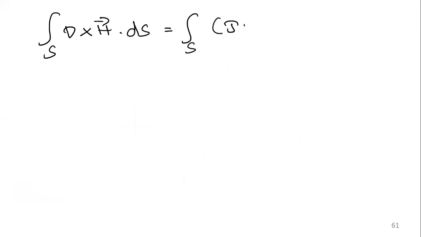So now we can integrate the equation on both sides. We can say integral over S of del cross H dot ds is equal to integral over S of J plus dou D by dou t dot ds. So J is the conduction current and dou D by dou t is the displacement current.